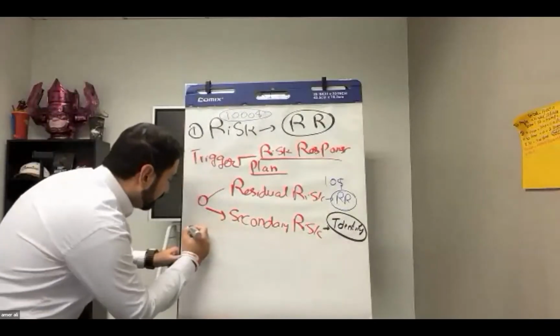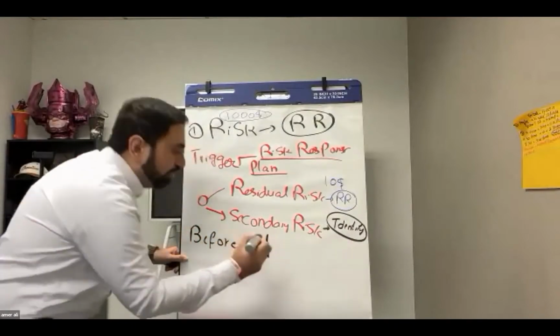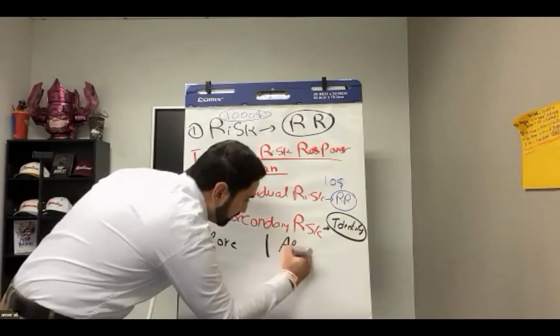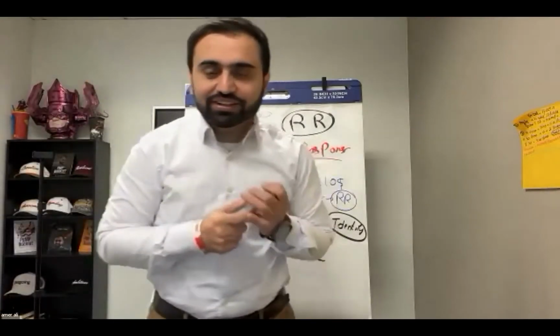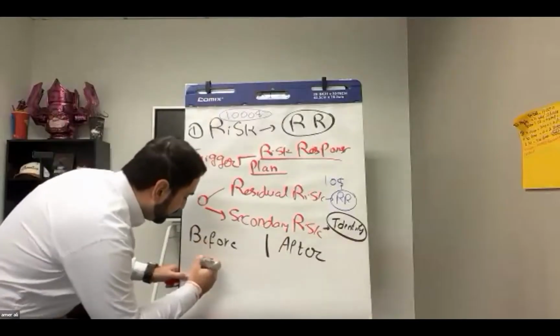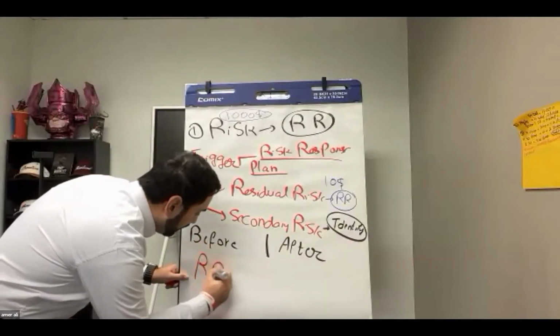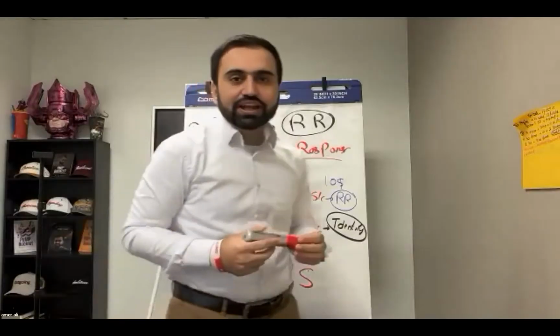And if you identify it after happening, then it is an issue. So if you identify it before happening, it's a risk register. If you identify it after happening, it's an issue. Clear?